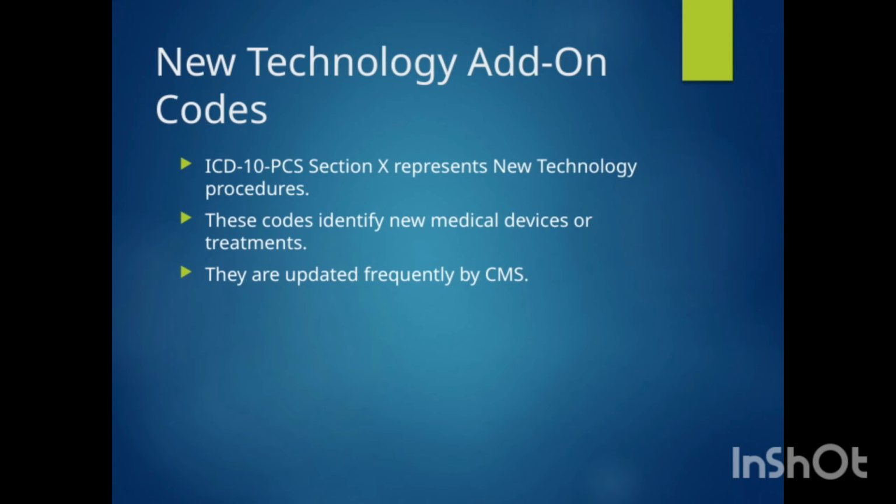Additionally, there are new technology add-on codes, which are used to specify procedures that involve new technology. This helps provide clarity and precision in coding, making sure we're capturing the most current and innovative procedures. Overall, understanding how these codes work is key to staying current with the evolving landscape of medical technology and ensuring proper reimbursement and documentation.